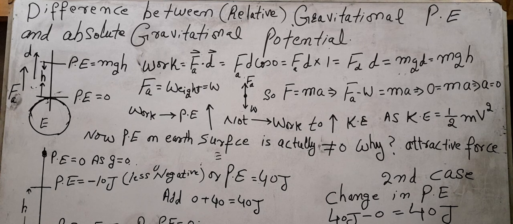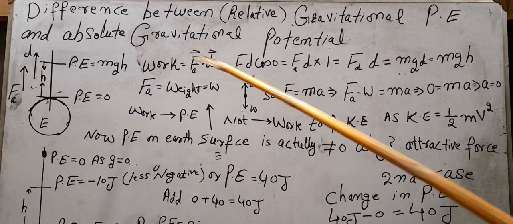Similarly, an electron revolving around the nucleus is under the influence of the nucleus, and a body of mass m which is attached to a spring also has some potential energy.